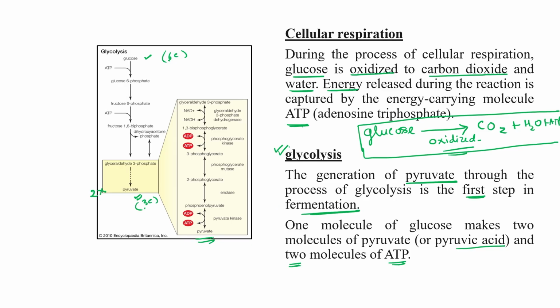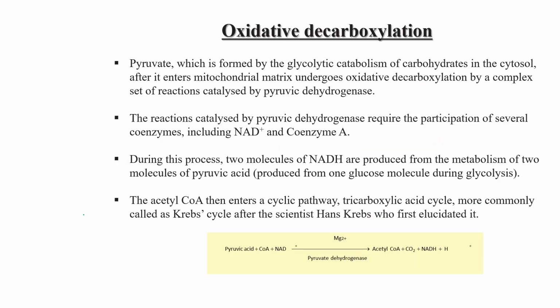Here we have utilized 2 ATP molecules and produced 4 ATP molecules, 2 over here, 2 over here, because of 2 molecules of pyruvate. So the net gain is 2 molecules of ATP during this process. Right, so this is the first step, glycolysis.